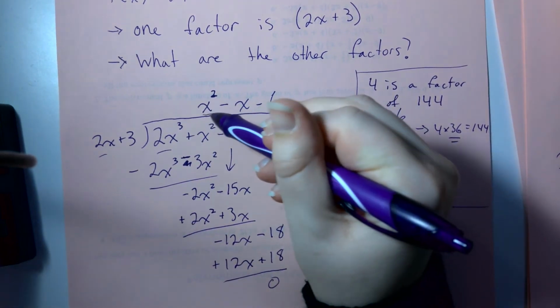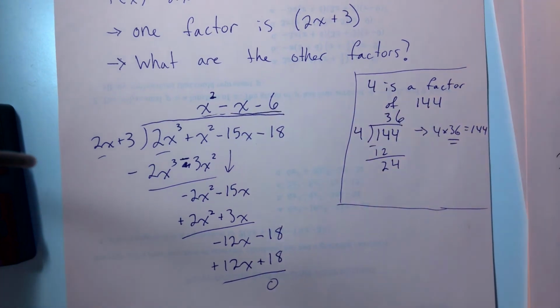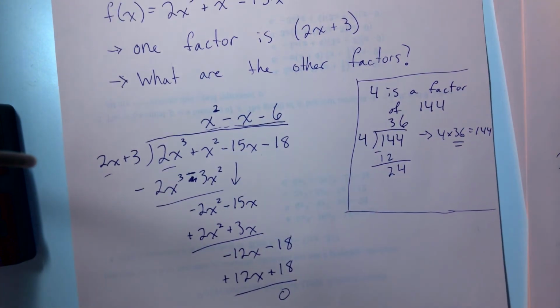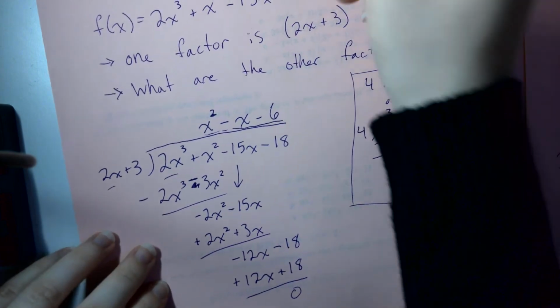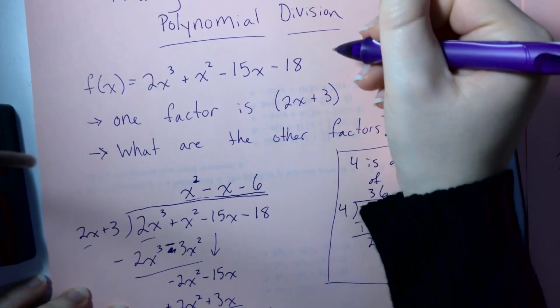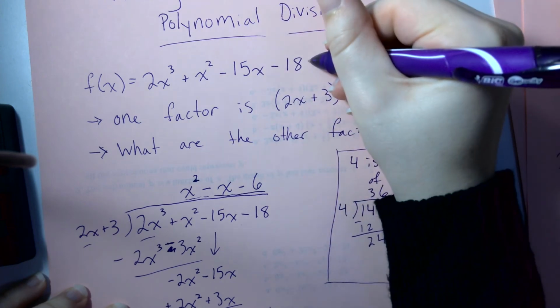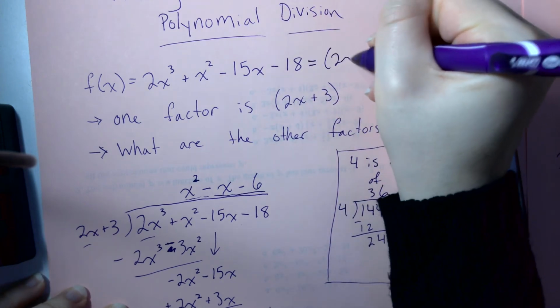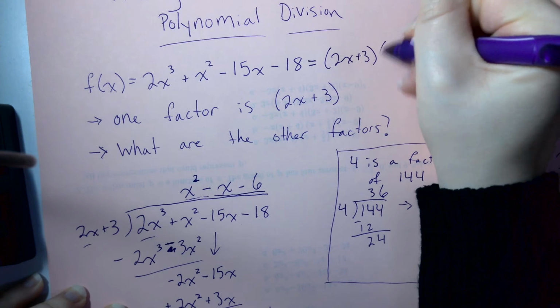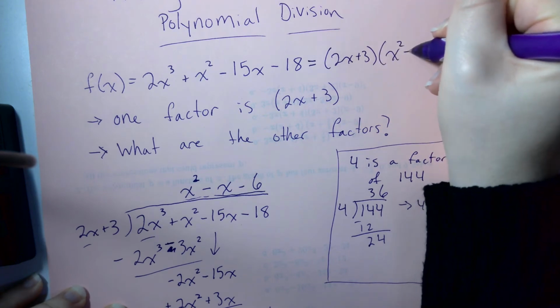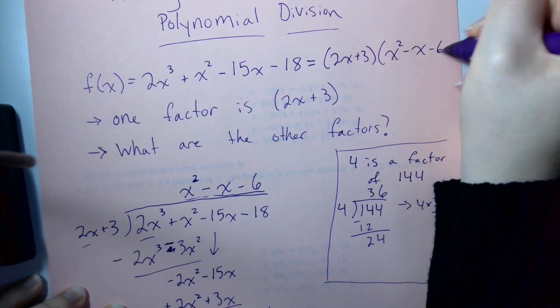So this is what we get. Now we can say f of x is equal to 2x plus 3 times x squared minus x minus 6.